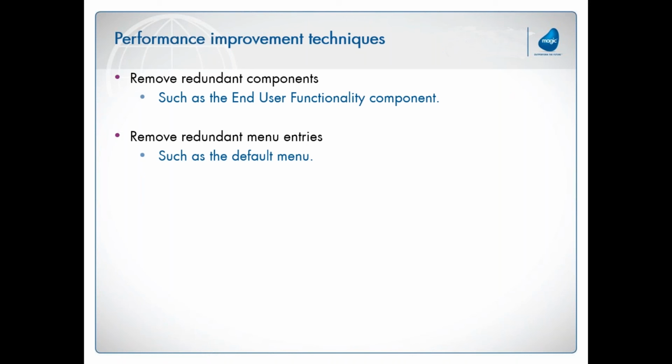At least the menu will be copied, and the end user functionality will be accessed to be scanned if there are offline programs in it. So if you have an application which is fully, let's say, a mobile application, and you don't need them, then it's best to remove them. One less menu to copy to the client, one less component to scan. It will improve the upload time, the initial startup time, sorry.